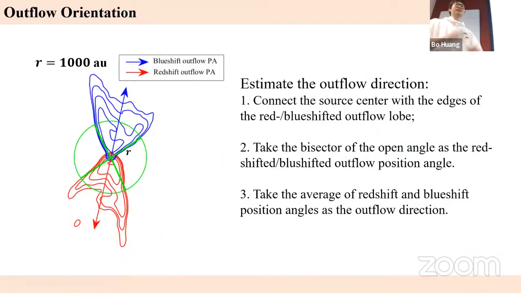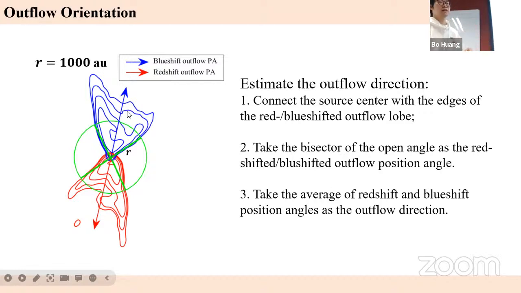To estimate the direction of the outflow, we connect the source center with the edge of the redshift or blueshift outflow lobe, and then take the bisector of the opening angle. The redshift part and blueshift part each give a position angle.